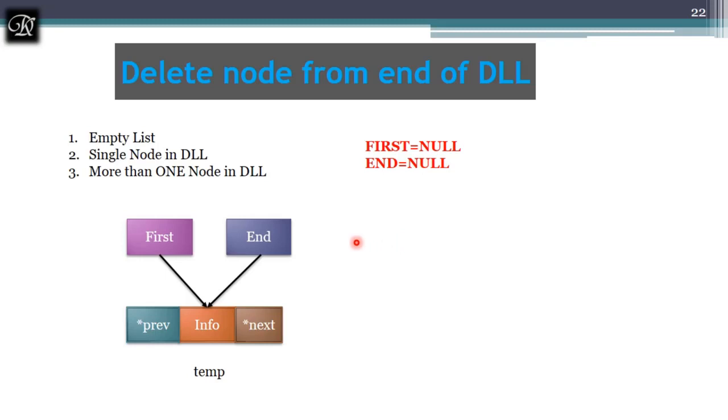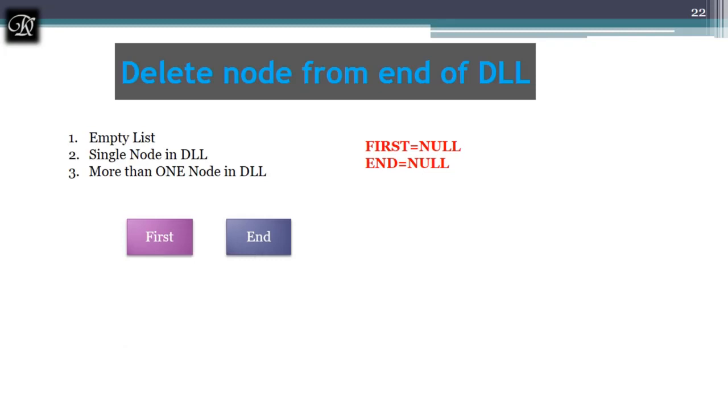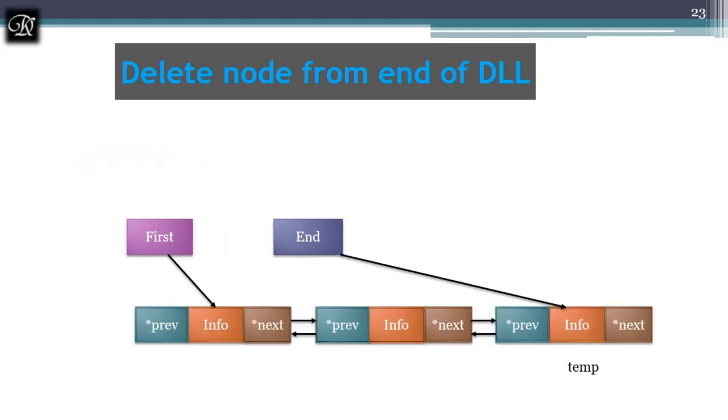Let's see the second case, how to delete a single node in the doubly linked list from the end. So first, remove the temporary and set the links to null. The third case, I have to remove this, call this end as the temporary.